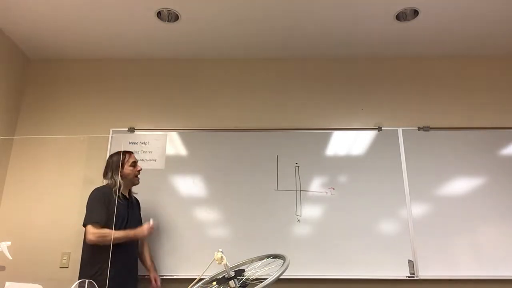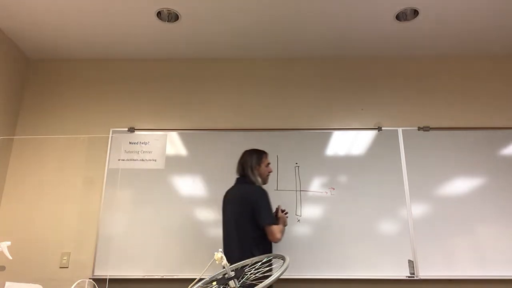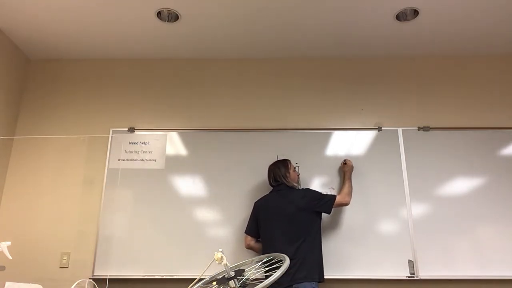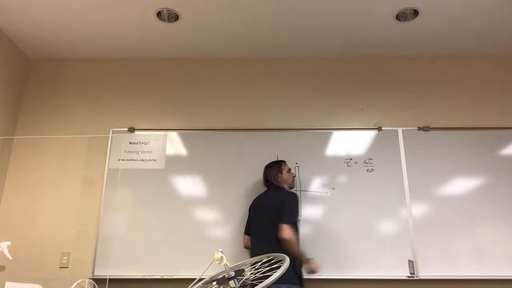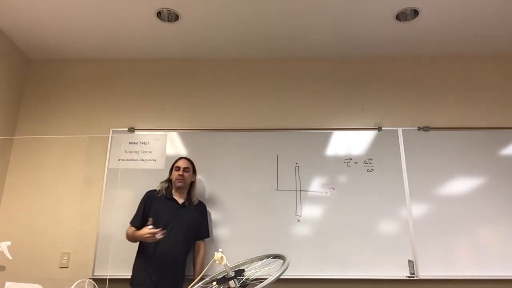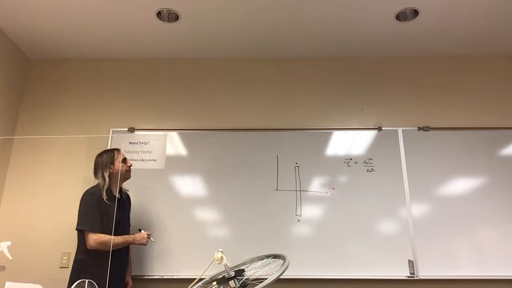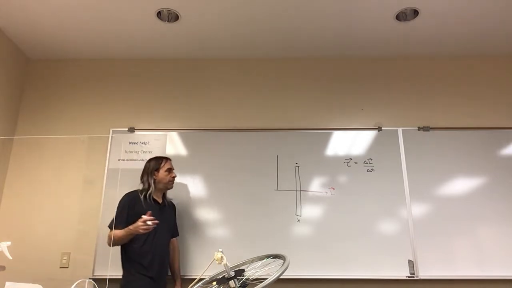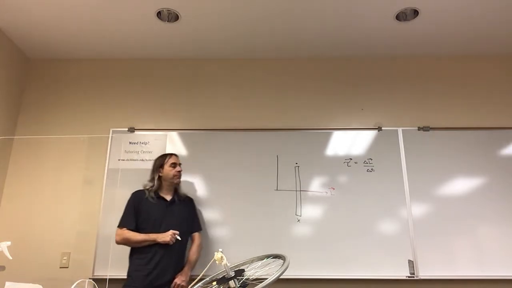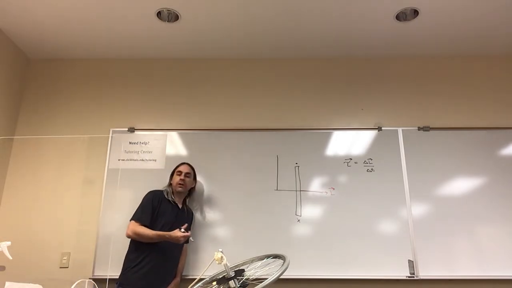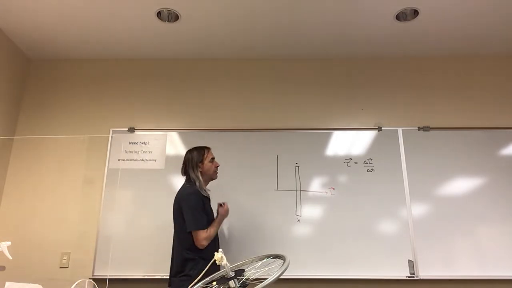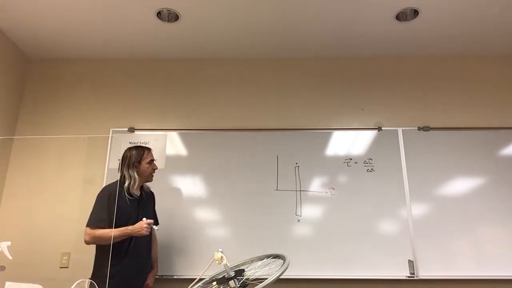Okay, now let me write down Newton's second law in terms of angular momentum. Just like F is delta P over delta T, the change in linear momentum over time, the torque is the change in angular momentum over time.